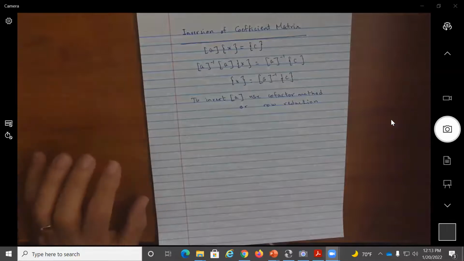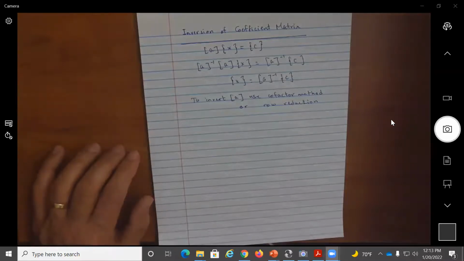In the cofactor method, we can use the adjoint matrix.